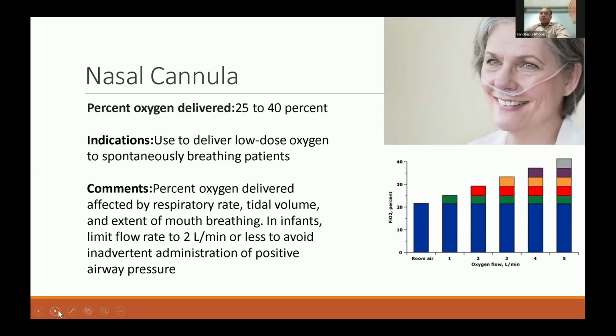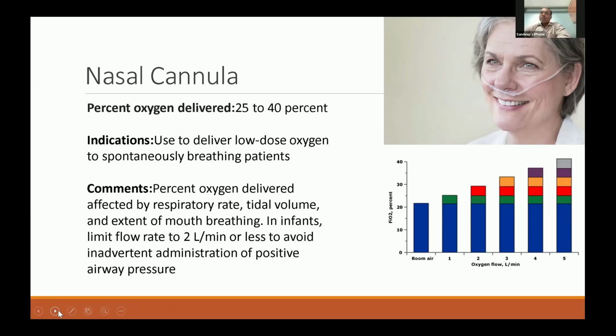Second is nasal cannula. All of you must have used nasal cannulas. All these nasal cannulas are low flow oxygen devices which are used to give oxygen support in patients who are breathing spontaneously. If you can see the lower right side of the diagram, in room air, the amount of oxygen that is delivered is 21%.